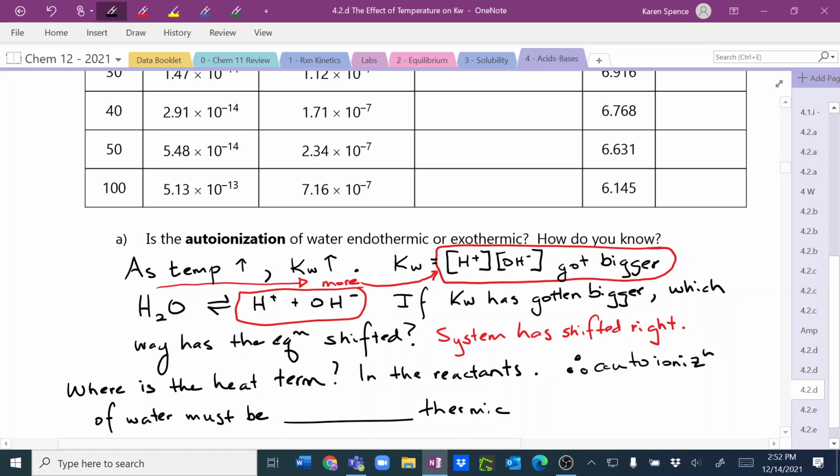So we're going to write in our heat term here in the reactants. So that is endothermic. Yeah. So that's how you can logic your way through that one. Okay?